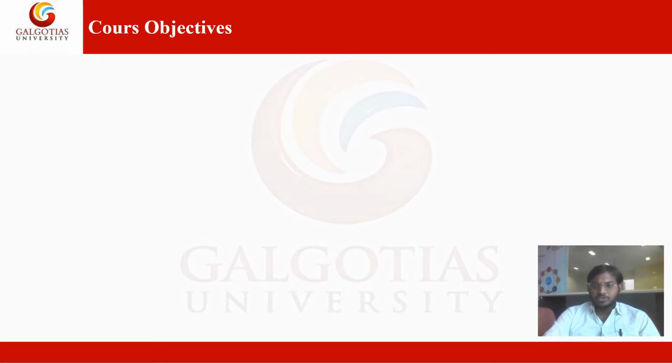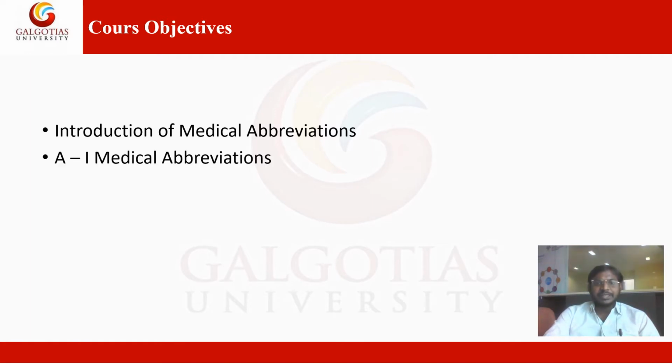The medical abbreviations course objectives. The first course objective is the introduction, and the second course objective is A to I medical abbreviations. Yes, students, we have a number of abbreviations in medical terminology that are used on a regular basis.